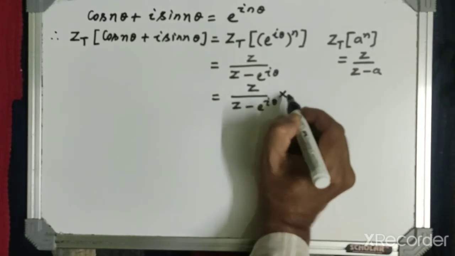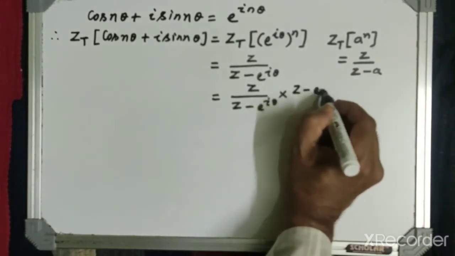Now I will multiply and divide by z minus e power minus i theta.